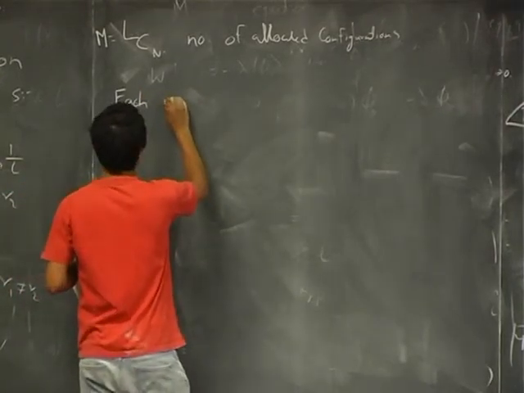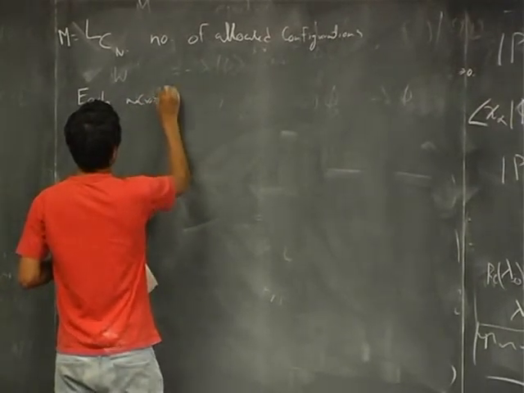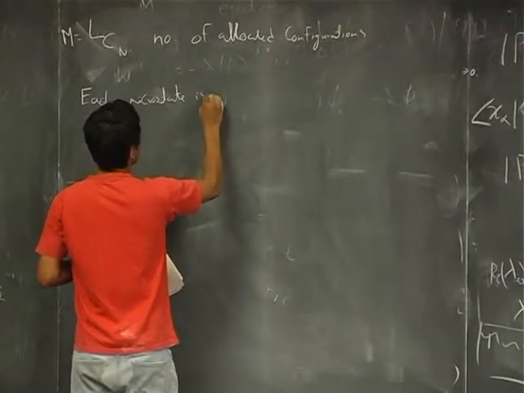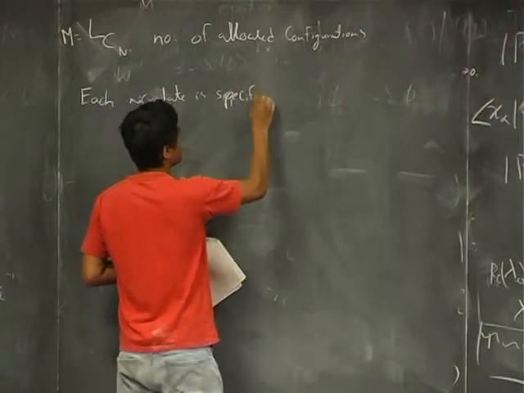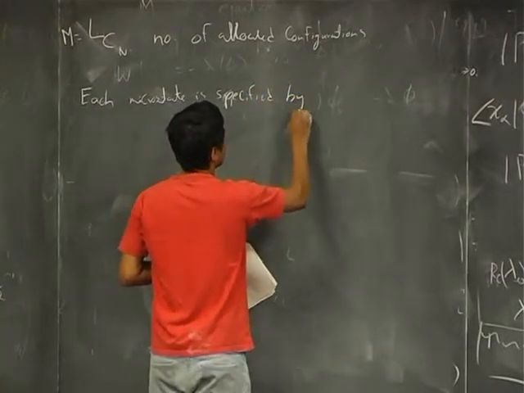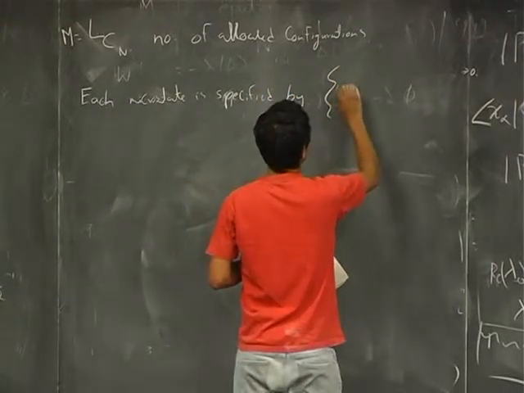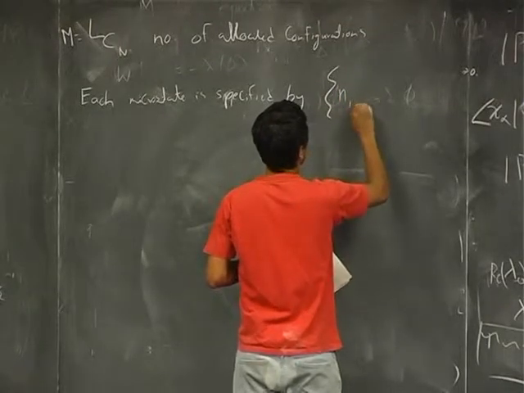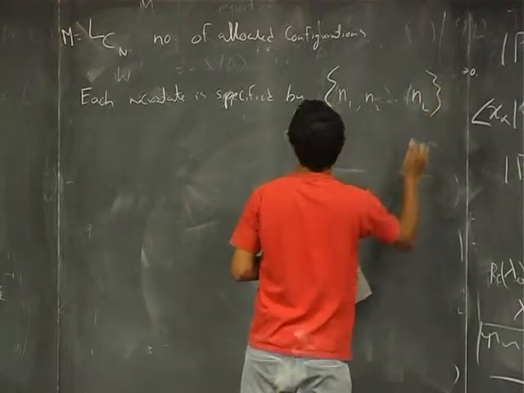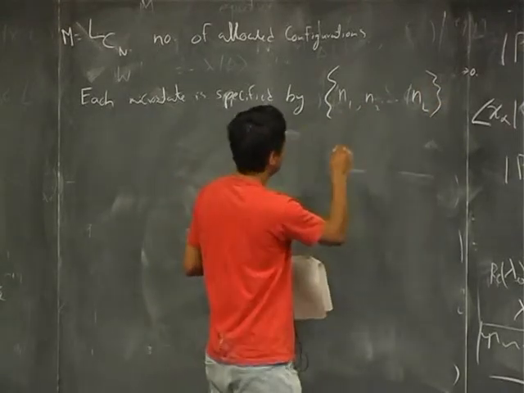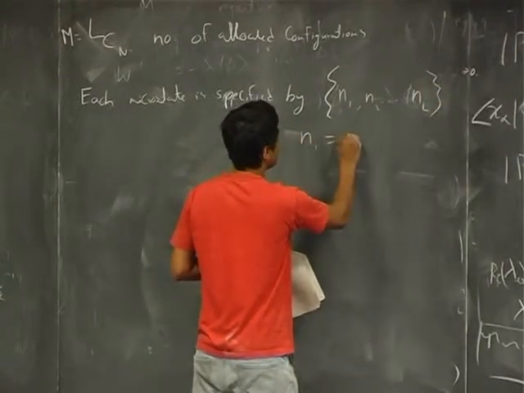Each microstate is specified by N1, N2, ..., NL, where Ni can be 0 or 1.